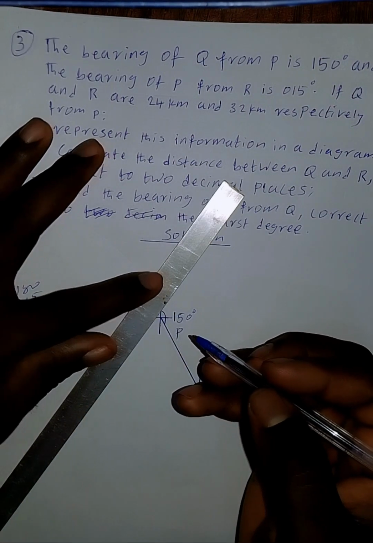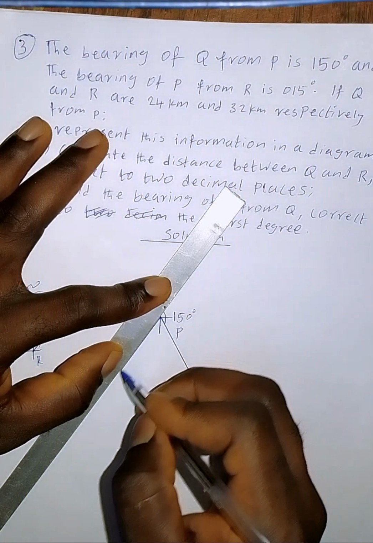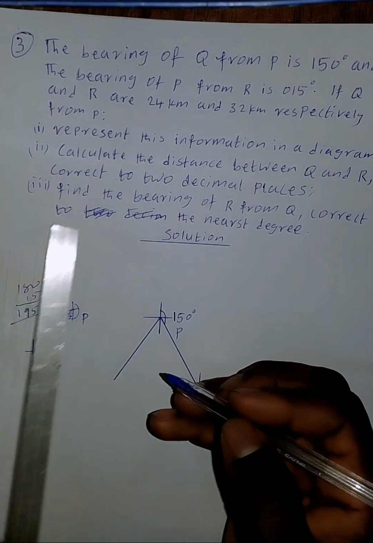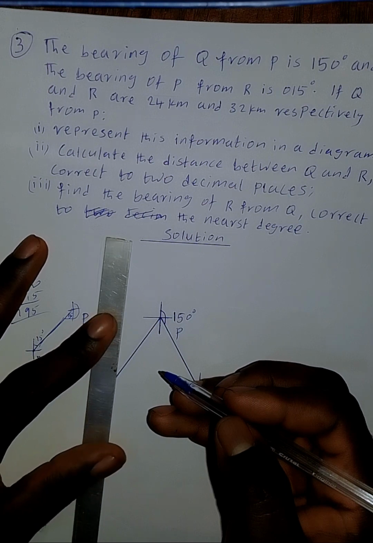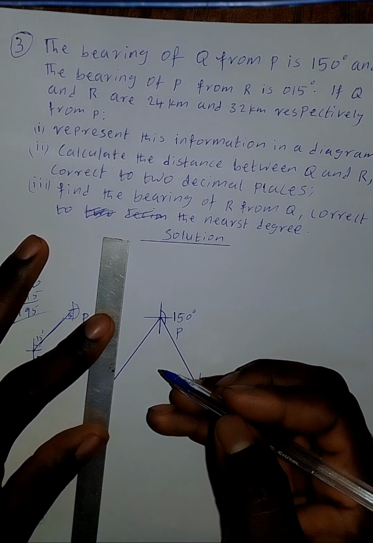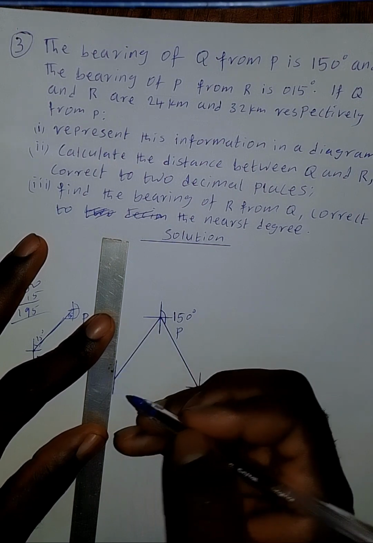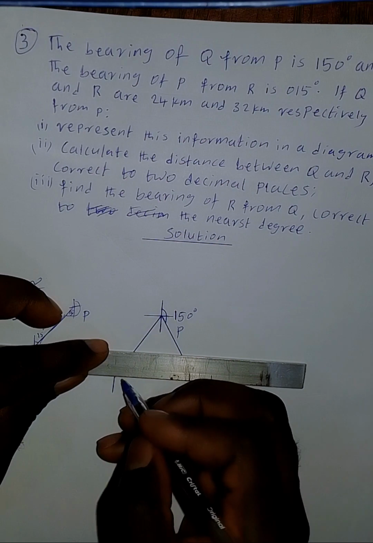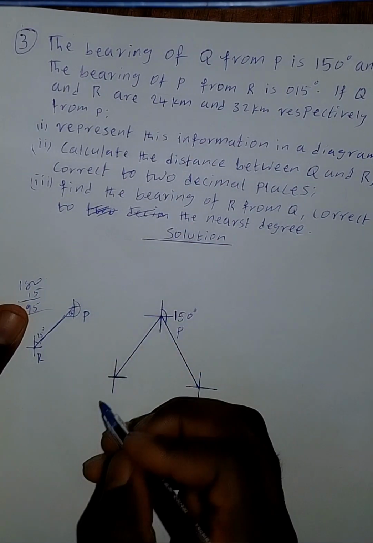So that point will be here. This point R will be on the third quadrant. So this is point R.